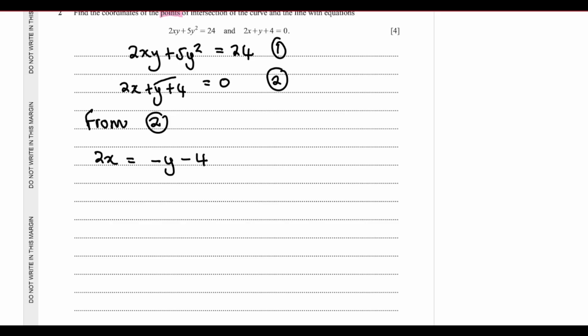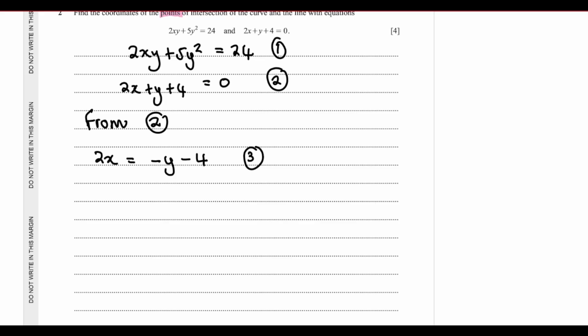I take the y and the 4 to the other side. Now in equation 1, we have a 2x over there, so I can simply plug in this whole negative y minus 4 into there.